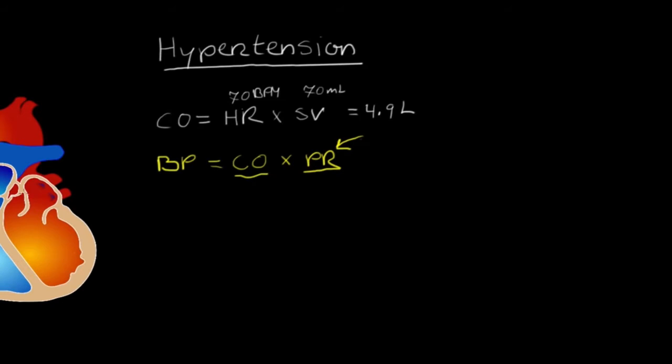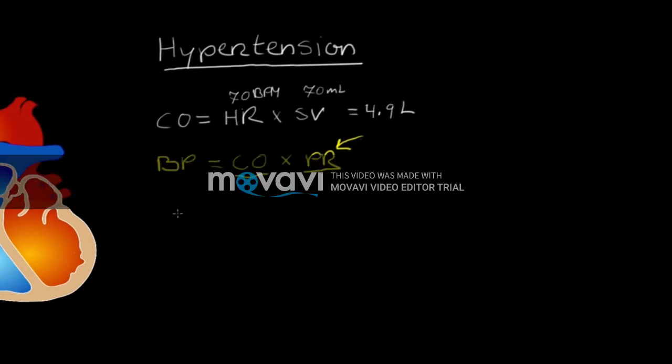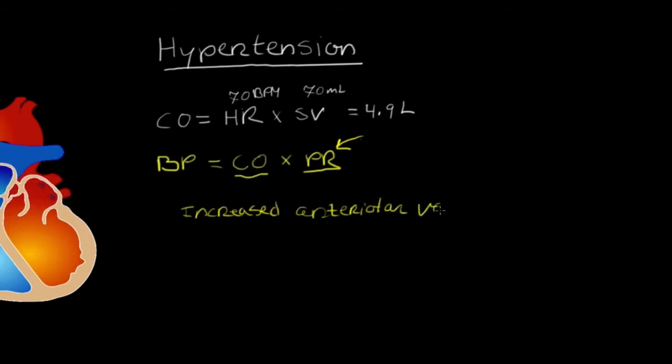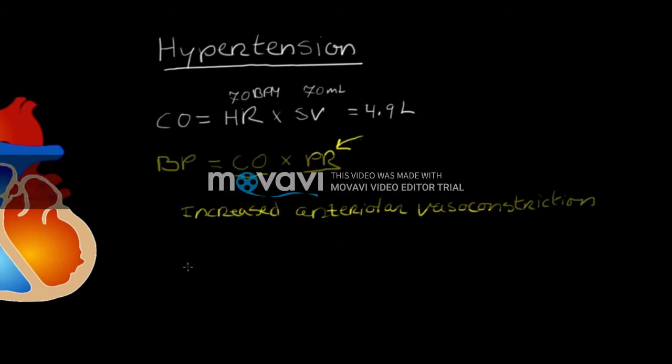And the main reason for that is increased arteriolar vasoconstriction. And we spoke about this a little bit in the previous video. So increased arteriolar vasoconstriction. I want you to understand this.